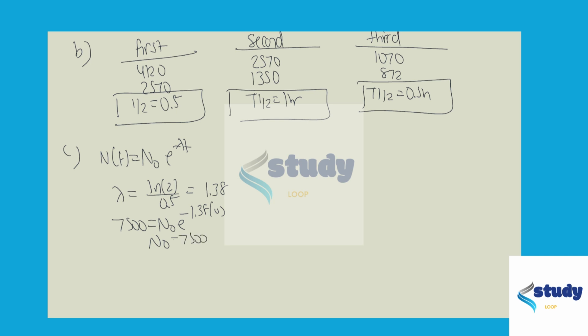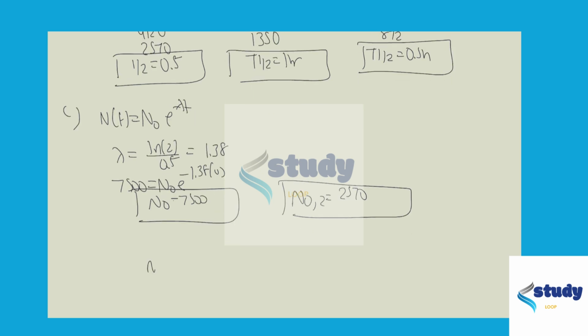So N naught is 7500. For our second nuclide, we do the same, and so we get N naught 2 to be 2570. Then we do it for a third nuclide, N naught 3, we get 1070. So these are our initial number of nuclei for each nuclide.